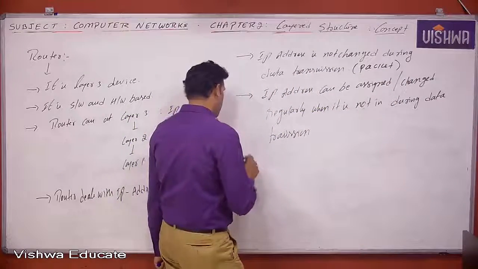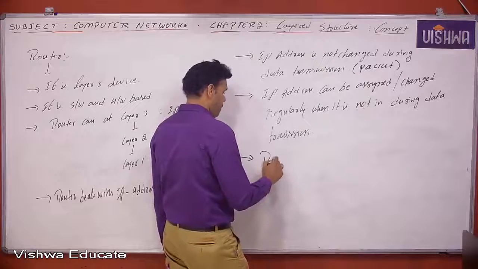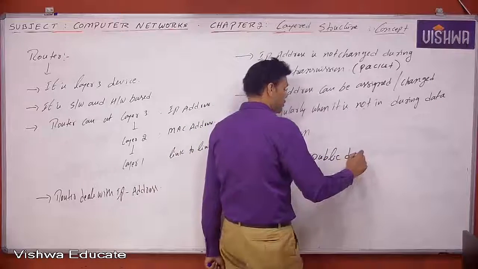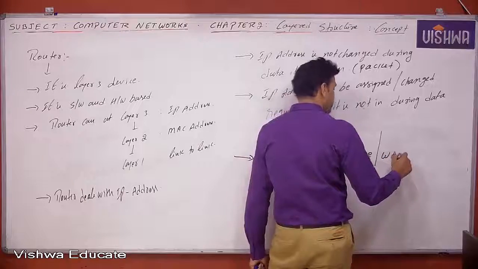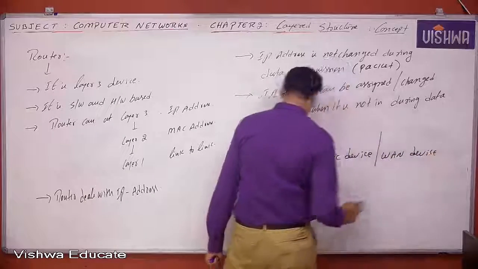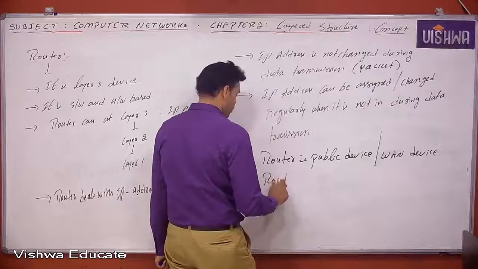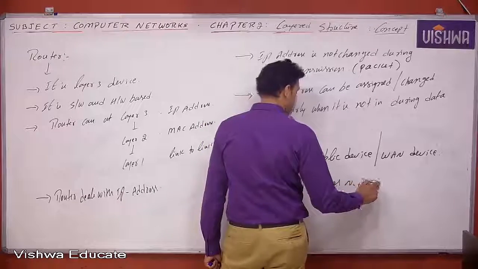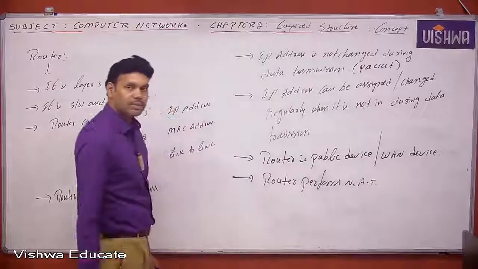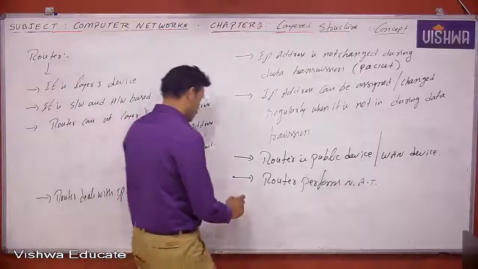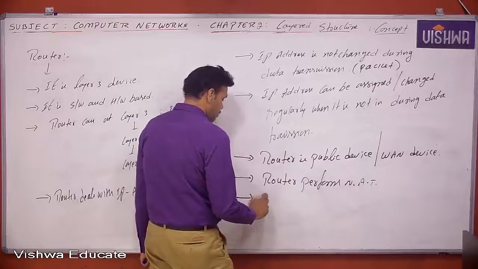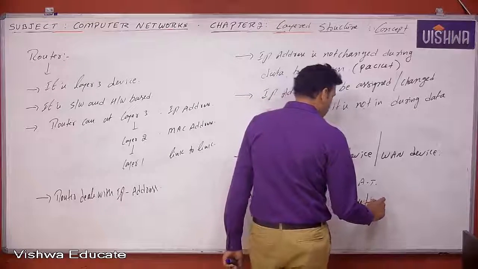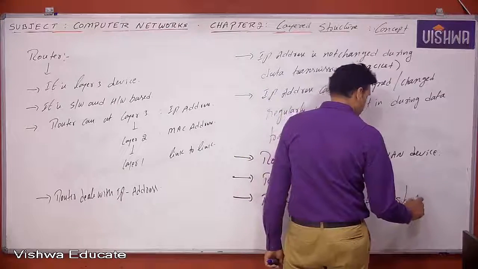And the next point is, a router is a public device, also known as a WAN device. Next point, a router performs NAT, network address translation. The router also performs routing. The routing will give you the shortest path.